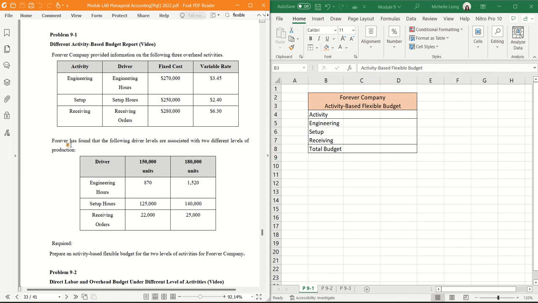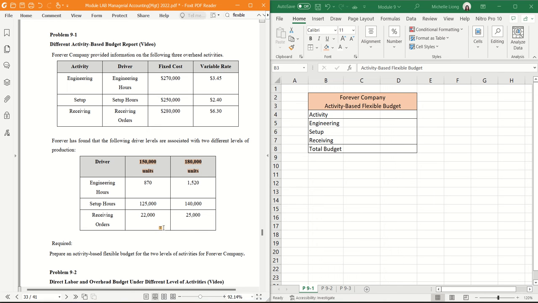And then Forever has found the following driver levels are associated with two different levels of production, which is 150,000 units and also 180,000 units. The engineering hours for 150,000 units is 870, and for 180,000 is 1,520, and so on.